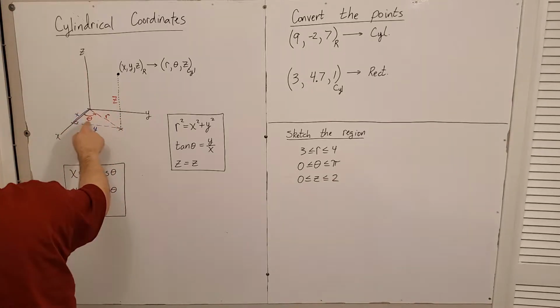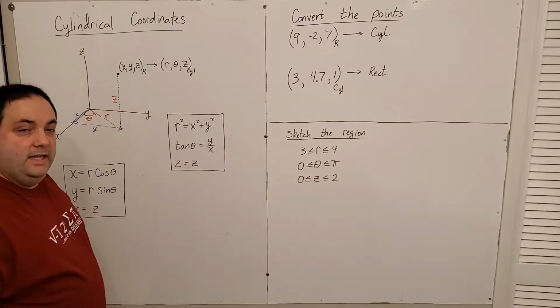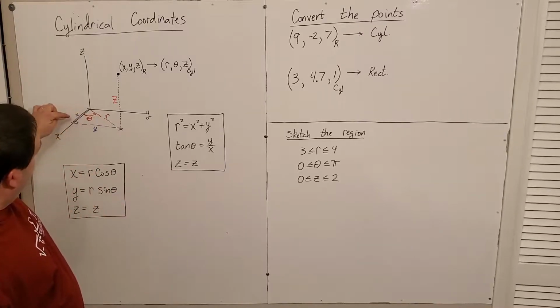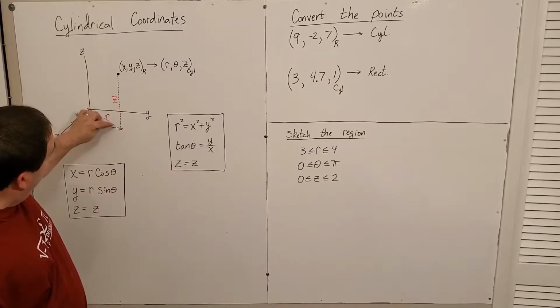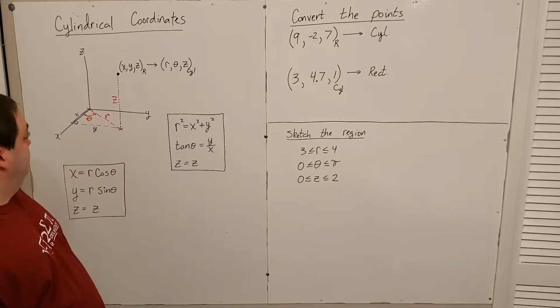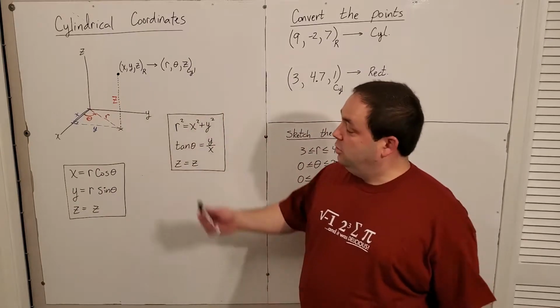So that's still the exact same definition of theta that you were given back in 2-dimensional rectangular. It rotates from the positive x-axis until it hits where your radius is, and then you walk out underneath the z, and then there's your z component. So that's cylindrical coordinates.